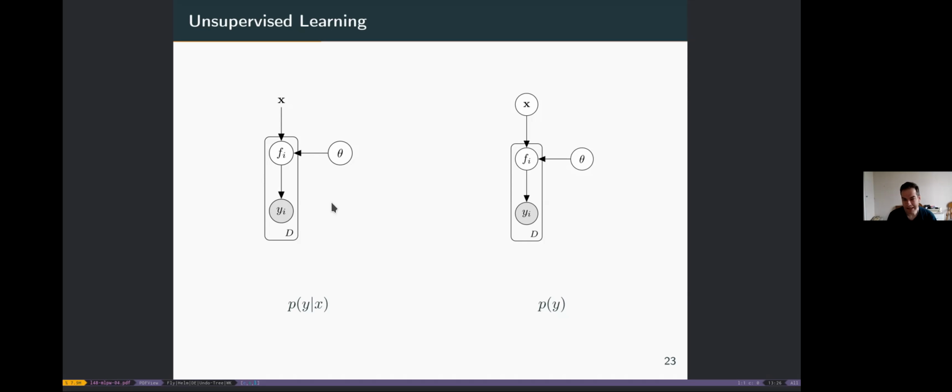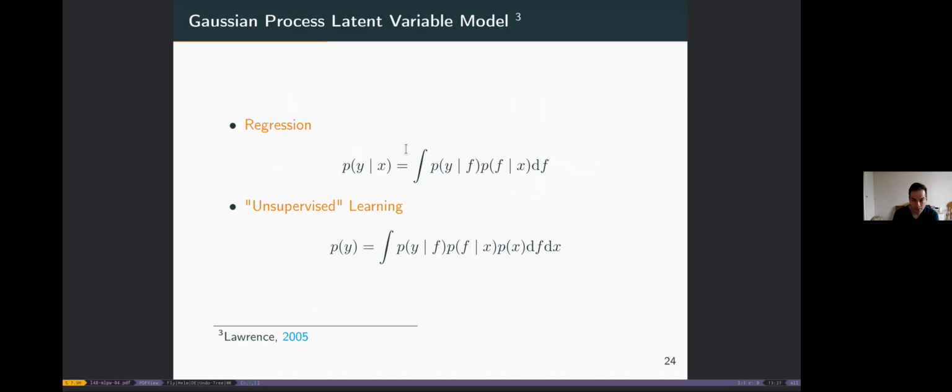Now we can take this one step further and say that let's say we don't have x. We want to do what people call unsupervised learning instead. I don't have any x. What I want to learn is both the function and the input to the function. Now I want to integrate out all these things, and that leads me to a marginal likelihood, p of y. So regression was this task, while unsupervised learning was this task.